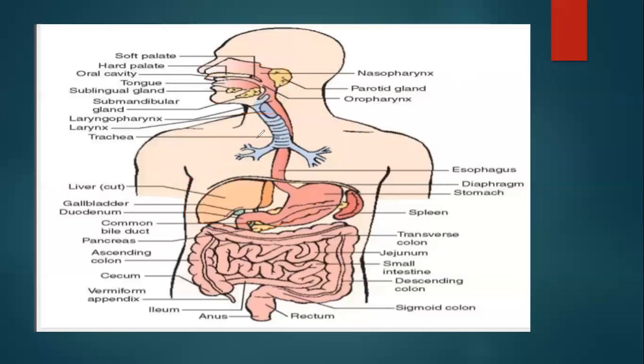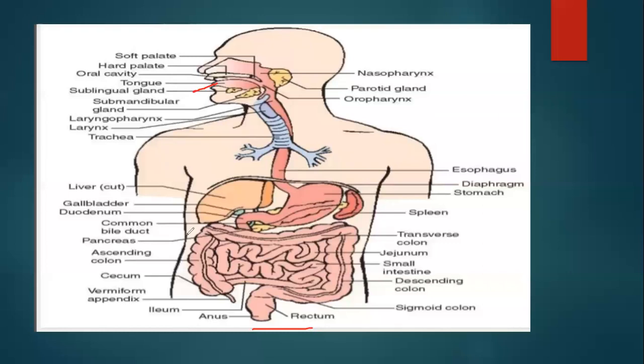Okay. The human alimentary canal, which runs from the mouth to anus, is about 9 meters long. It is a muscular tube-like structure.